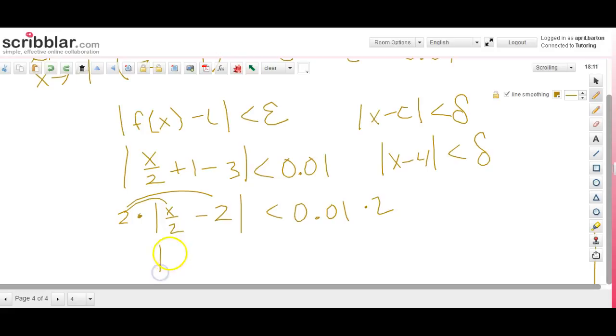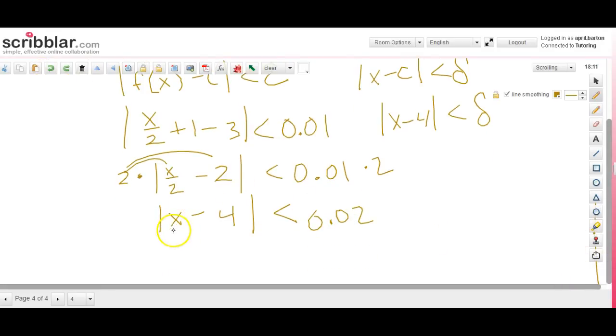So we have the absolute value of x minus 4 less than 0.01 times 2 is 0.02. So now, that's all we had to do on this one, because we have x minus 4 here, less than a number, so this is our delta.